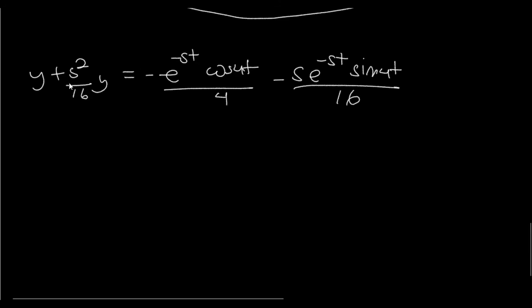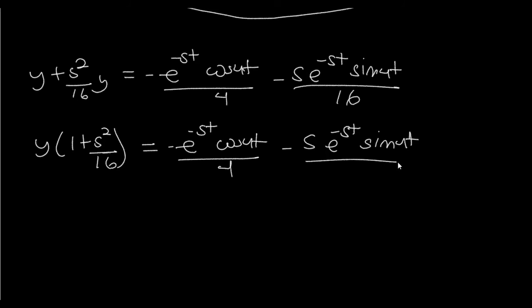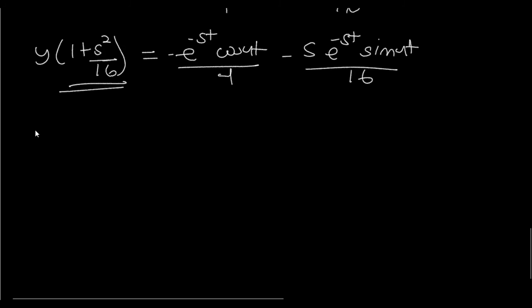Okay? So, factor out natin si y. So, 1 plus s squared over 16 equals negative e to the negative st cosine 4t over 4 minus s e to the negative st sine 4t over 16. So, ito, pwede pa nating i-simplify.